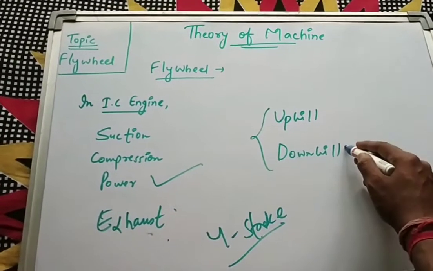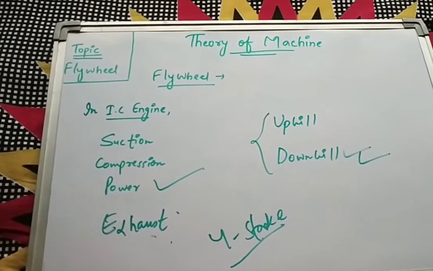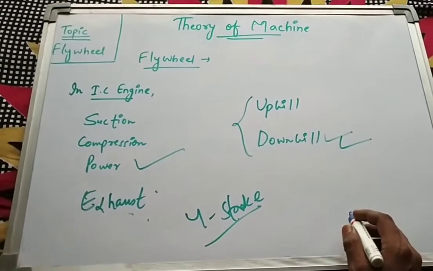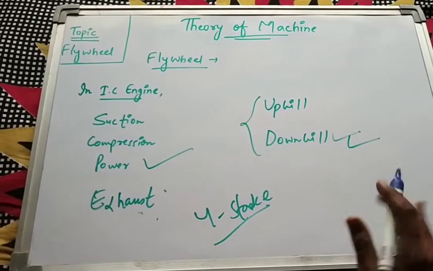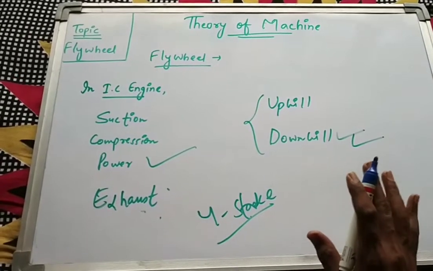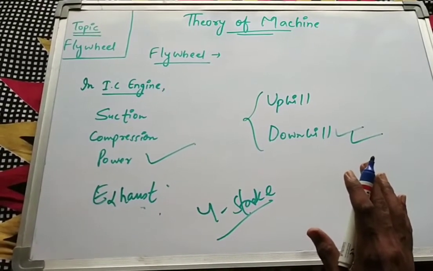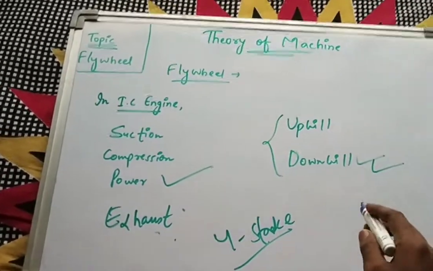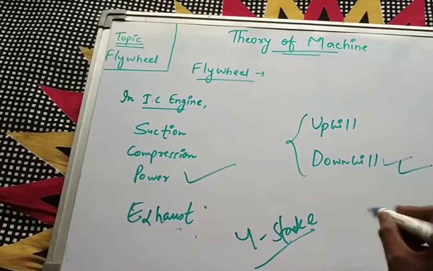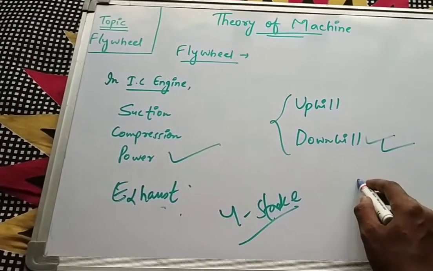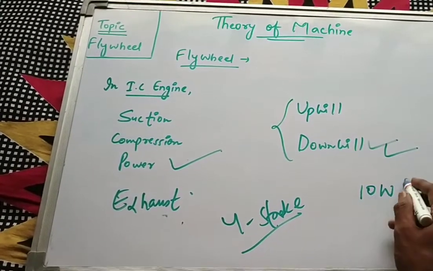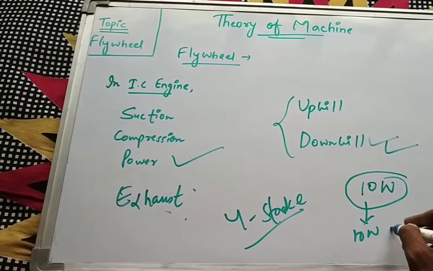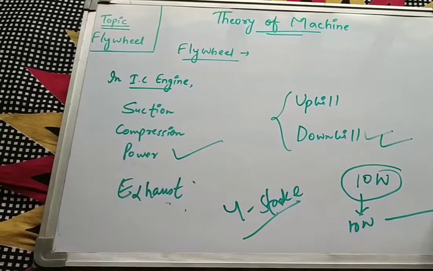I can take another example, that is uphill and downhill. So what is this uphill and downhill? I know that all of you ride a bicycle at least, or a bike. If an engine has a capacity of 10 watt, then the engine capacity will be 10 watt throughout the life of the engine.